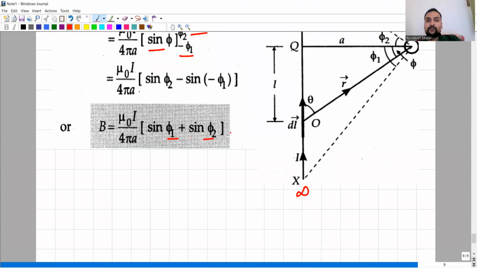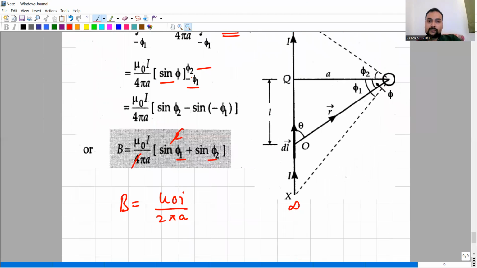If phi 1 and phi 2 both become 90 degrees, that means it is infinite at both ends. Then it is sin 90 here and sin 90 here, which is 1 and 1, that will become 2, and the 2 will cancel. That means B will become mu naught I by 2 pi A, where A is the perpendicular distance from the wire.